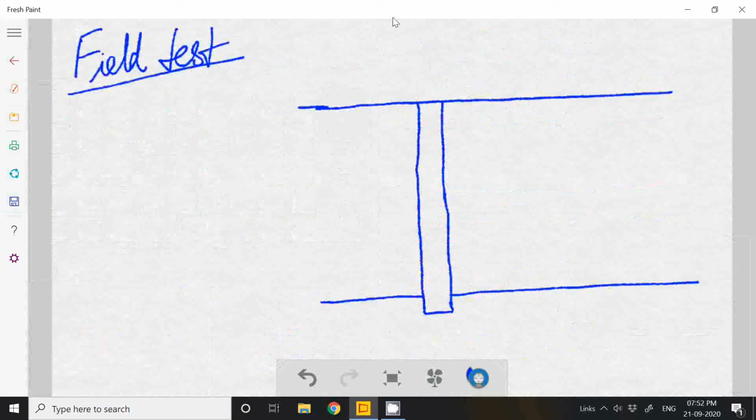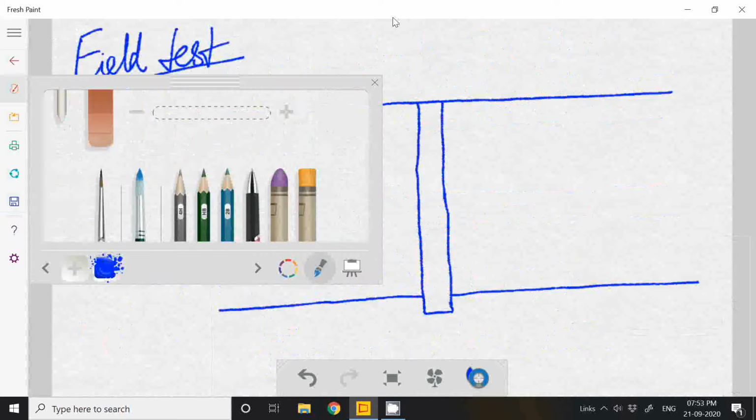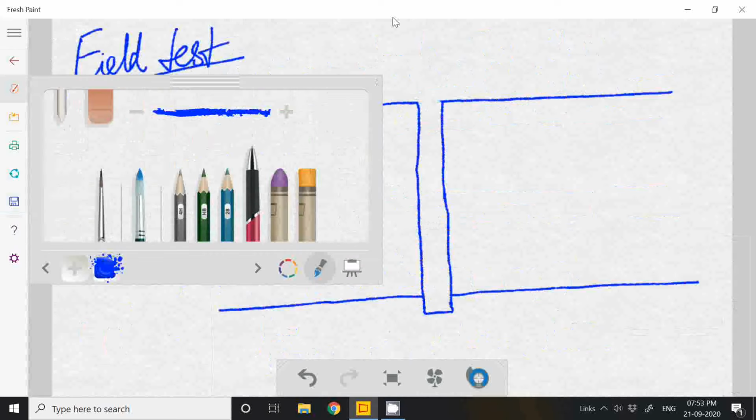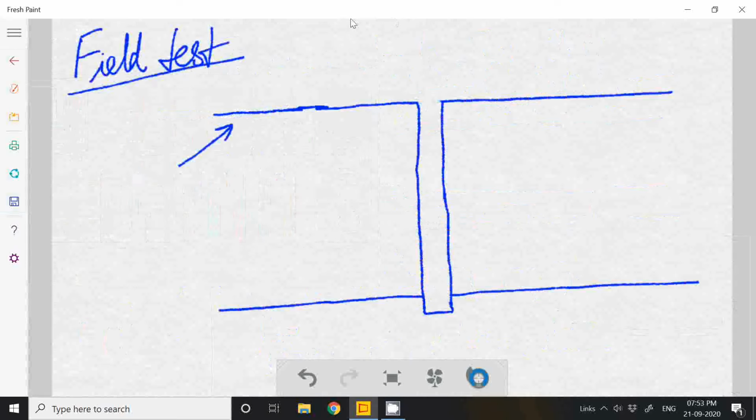Suppose this is the top surface of the ground. Now suppose this is the initial water level in the soil.